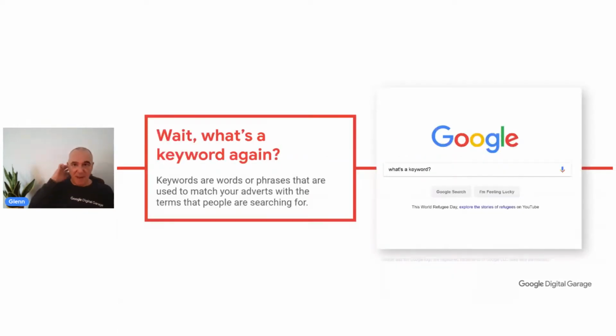So let's go back to basics again. What's a keyword? In that example, on the right-hand side, those are the keywords. So anything essentially that you type into a search engine, into a search query bar there, is going to be the keywords that are being used. So let's take it into that type of thought process.